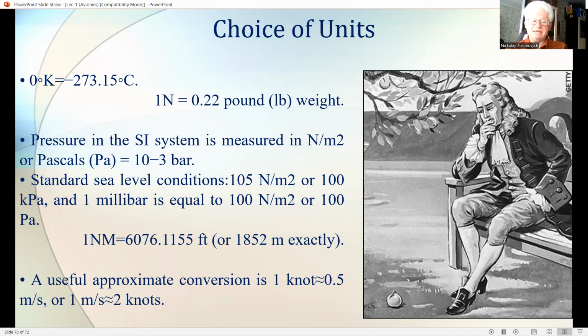Pressure in the SI system is measured in Newton per square meter, or Pascal.